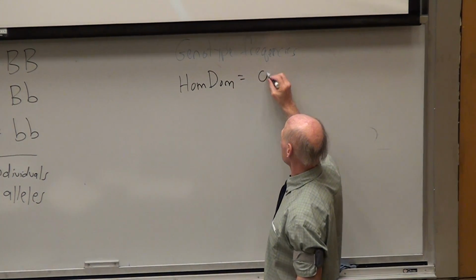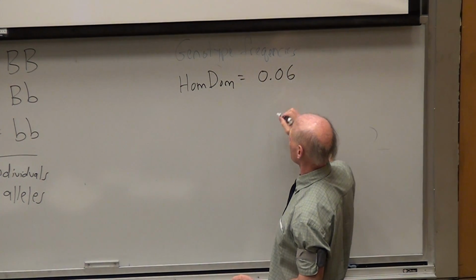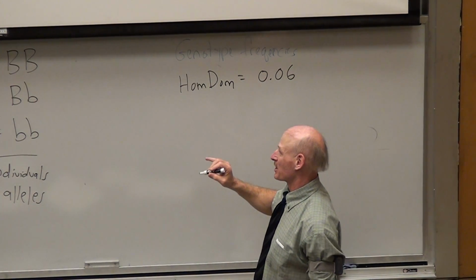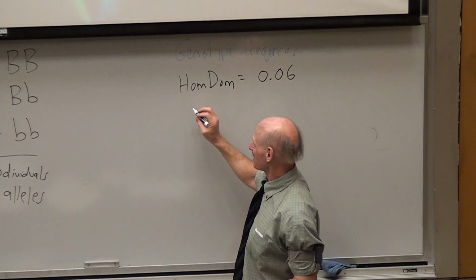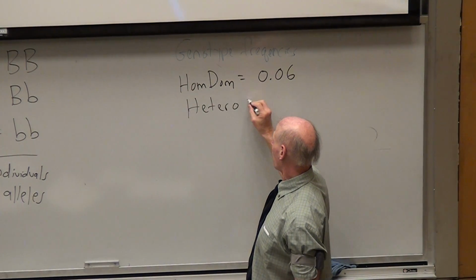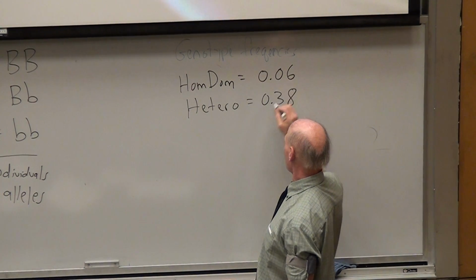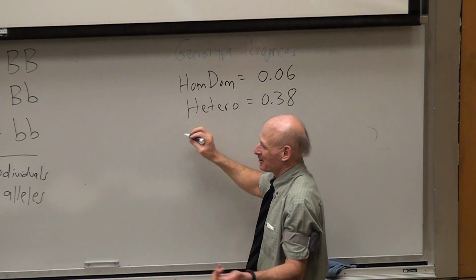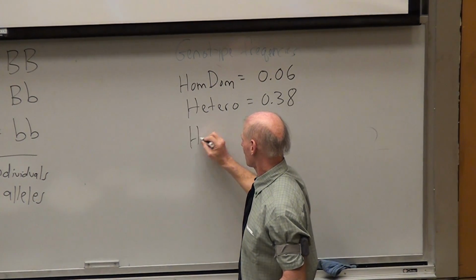And again, I'm going to write the percents as decimals just because it's going to come out a little bit easier mathematically. What percentage of the population is heterozygous? 38%, or 0.38. And what percent of the population is homozygous recessive? 56%.